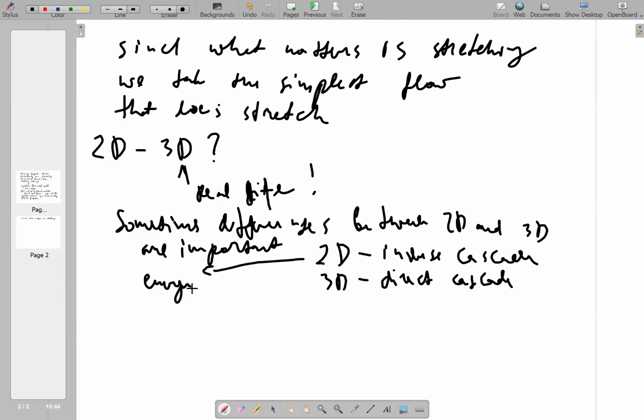Energy is transferred to larger scales. And 3D means that energy is transferred to smaller scales.